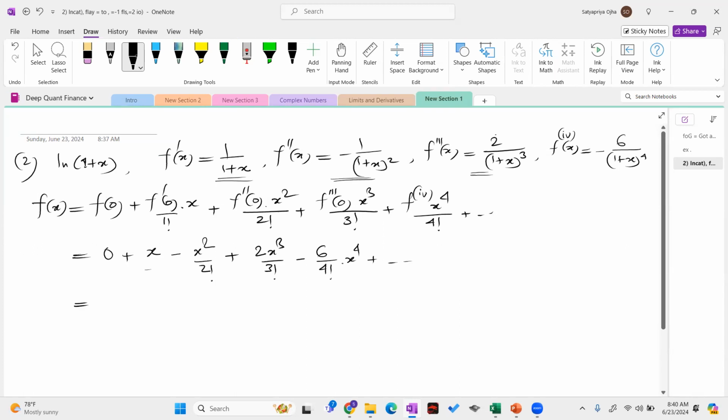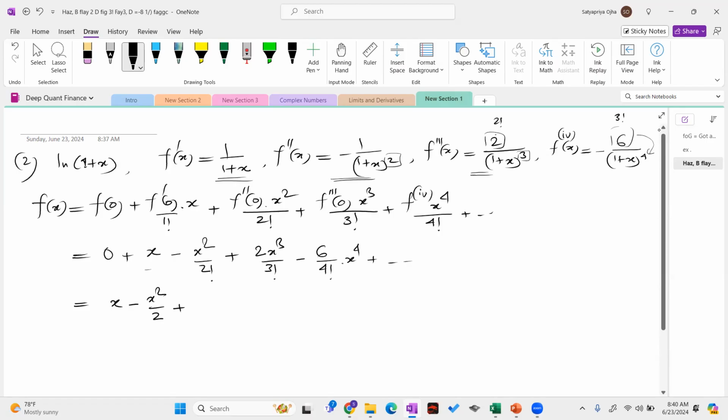But you can simplify this. X minus x squared by 2 plus, did you notice that when we do differentiation, there is already a power, right? And it keeps increasing. So when you have 2 here, you have 6 here. What are these? This is actually 2 factorial, 3 factorial. Next term would be 6 times 4, which is 24.